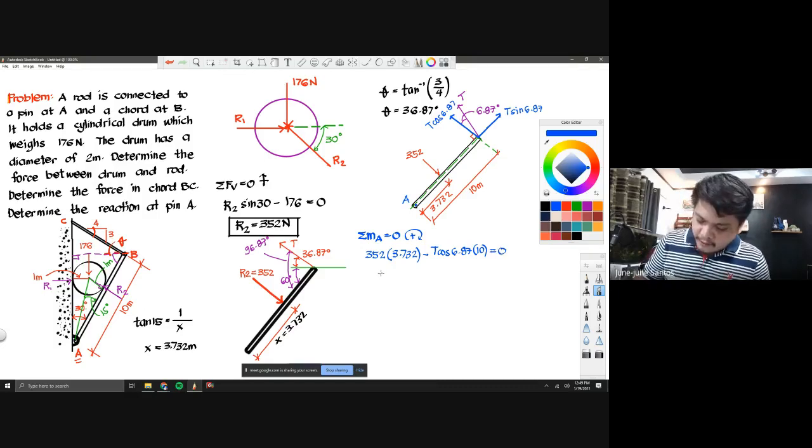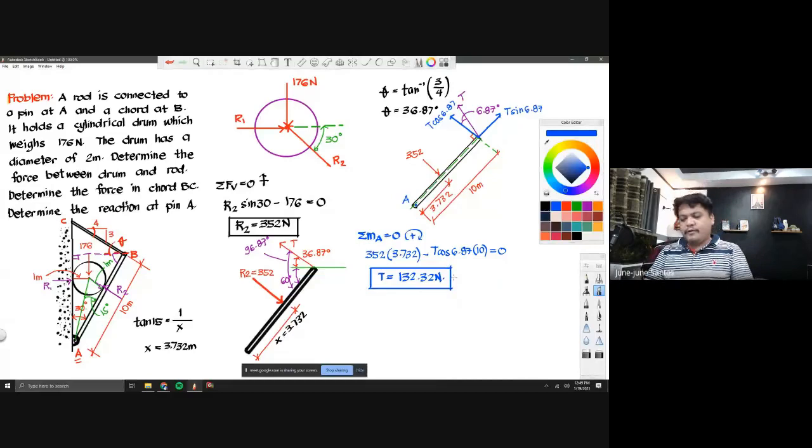With this, you can now have the value of T. And T is equal to 352 multiplied by 3.732, divided by 10 cosine of 6.87. So you will be having here 132.32 Newton. Okay? So this is now the answer for second question.